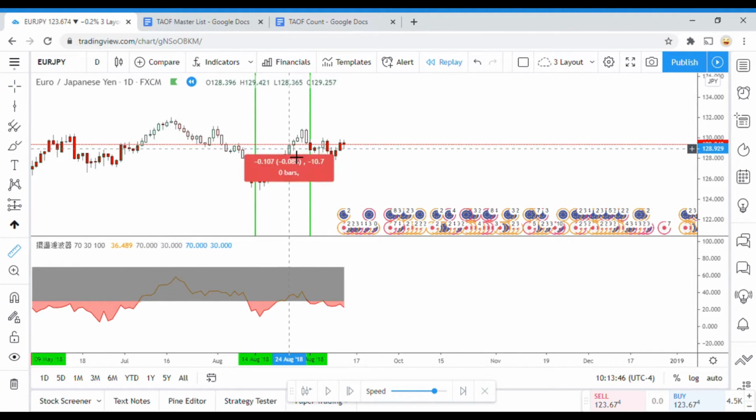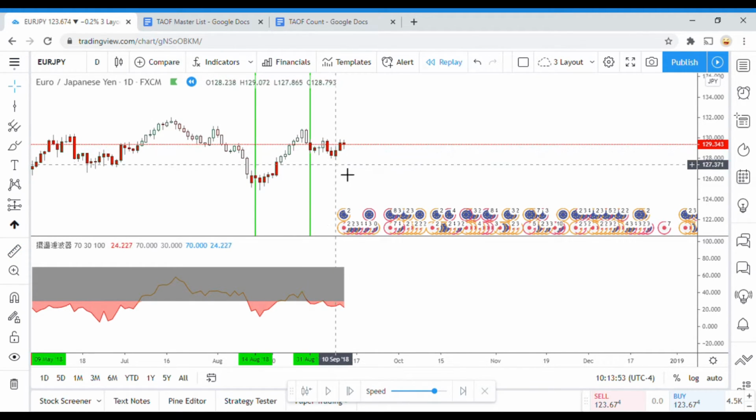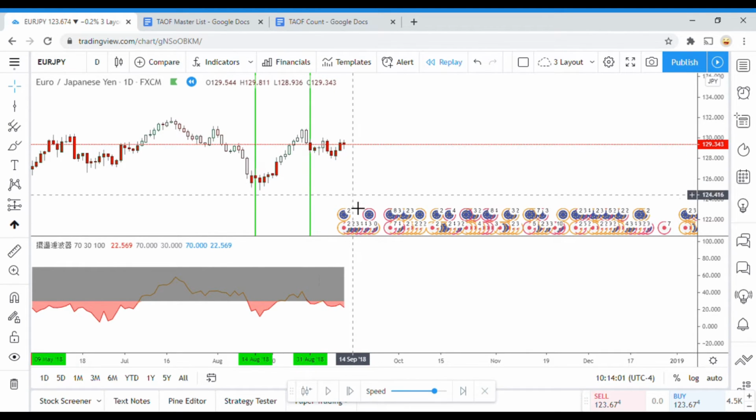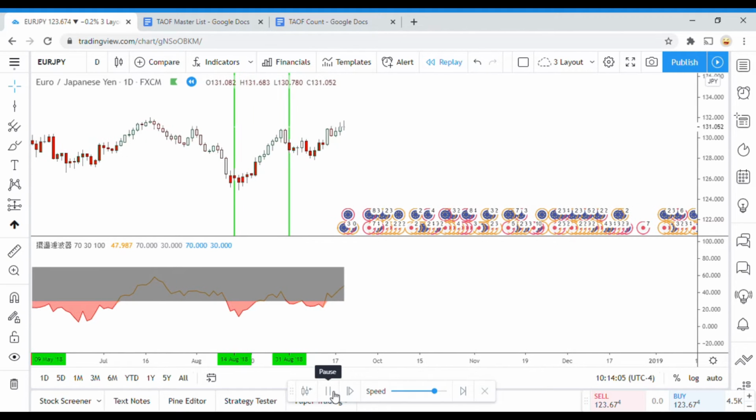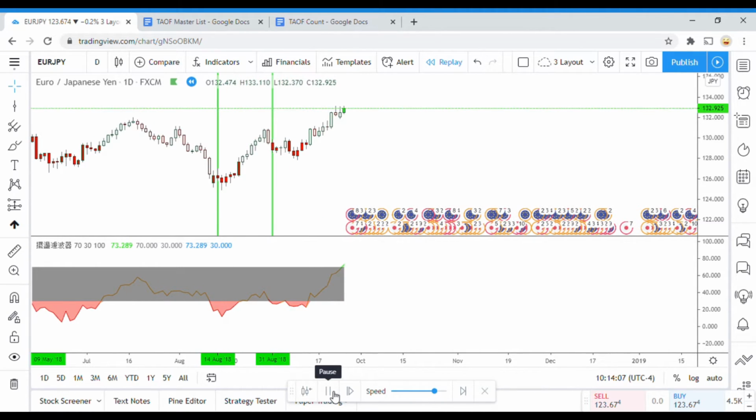Alright, let's see here. So this one right here called a signal here, but didn't actually hit the take profit until here. It didn't give us a signal to go long in the meantime, so we'll consider that one as one whole trade and not split it into two.